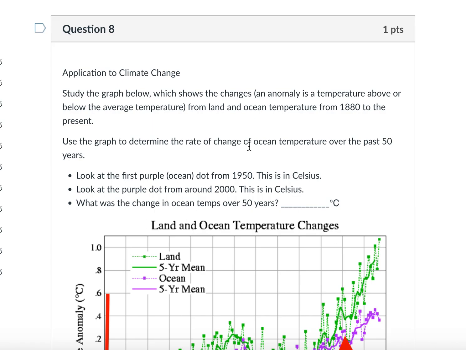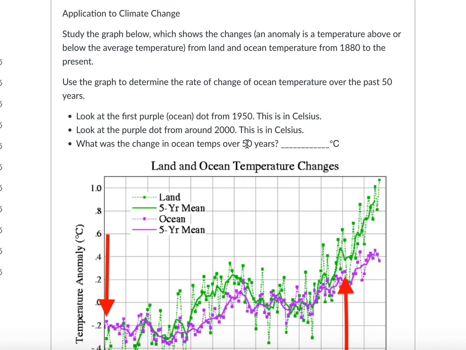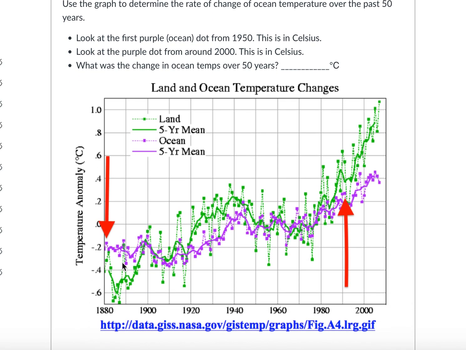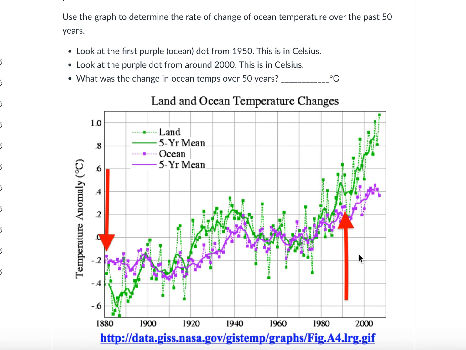Then the next part of this is going to be looking at some graphing. So you're going to look at the graph changes and how much the average temperature has changed in the ocean over time from 1880 until, let me see, the first purple dot is 1950?